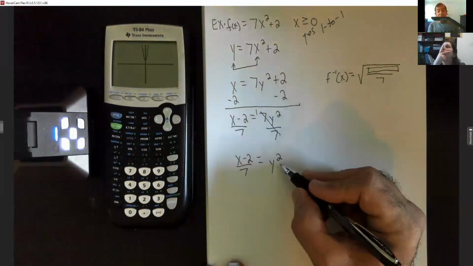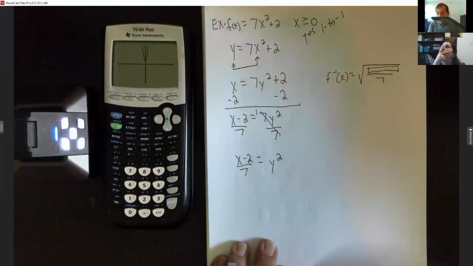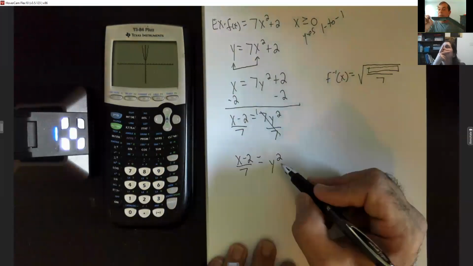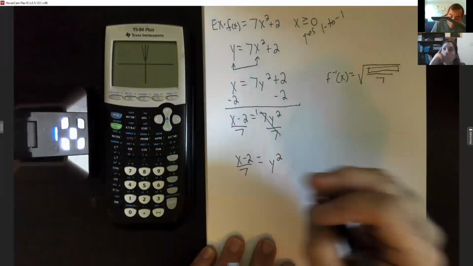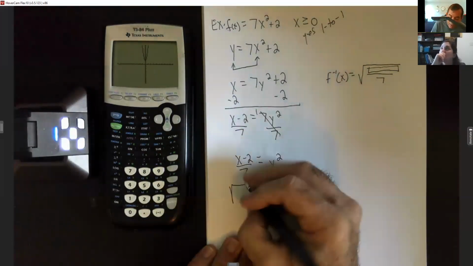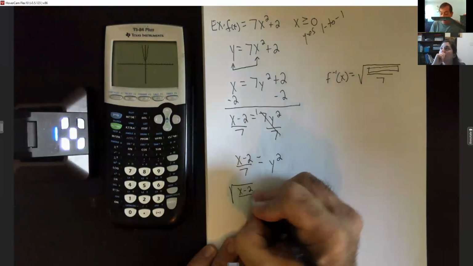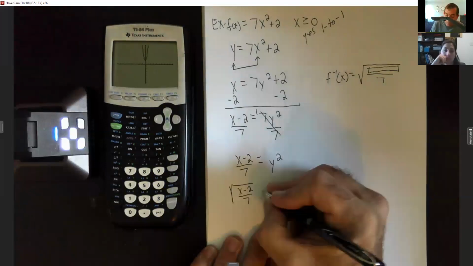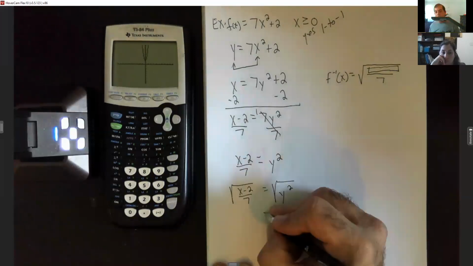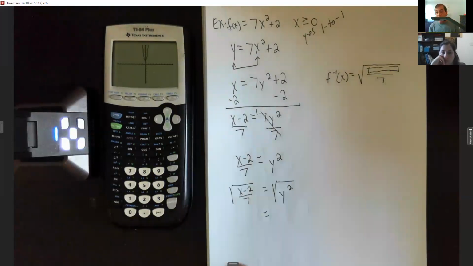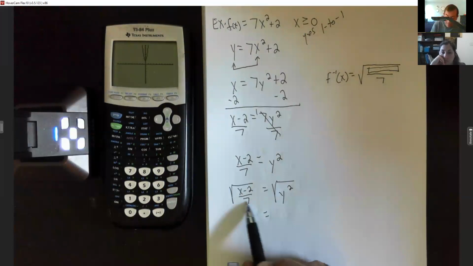Remember, we just said on the last problem, if you've got a y squared, you take a square root of both sides. So the square root of x minus 2 over 7 will equal the square root of y squared. Oh, y'all, you cannot do anything with this side.